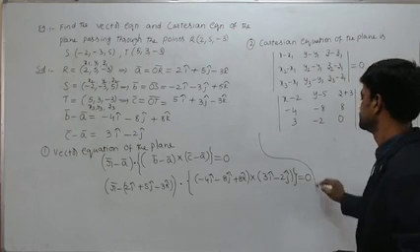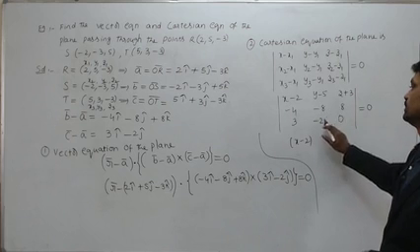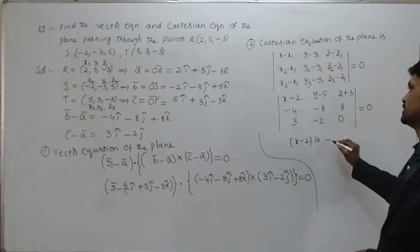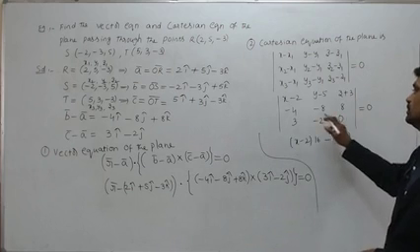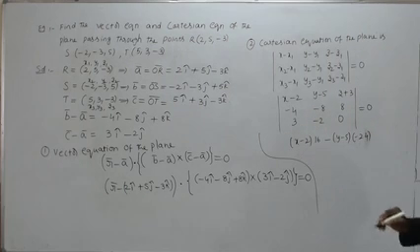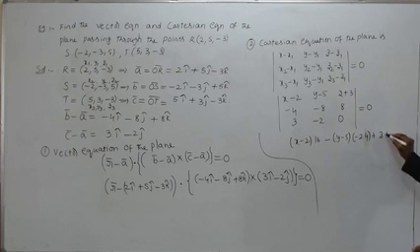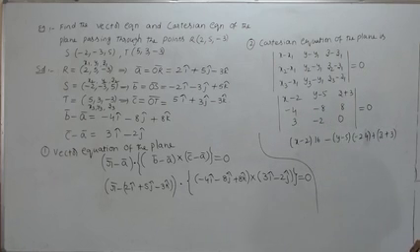First, x minus 2 into 0 plus 16, minus of y minus 5 into 0 minus 24, so minus 24. Next, plus z plus 3 into 8 plus 24, 8 plus 24 is 32, is equal to 0.